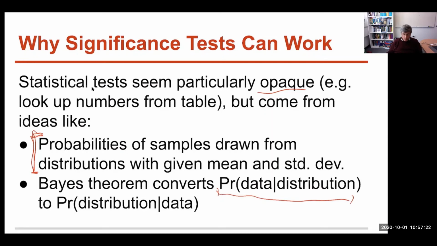This can be converted to the probability we have a particular distribution given the data, and that's what these t-tests are saying. What's the probability the second distribution came from the same thing as the first distribution, given the first data that we saw? Any questions about it?